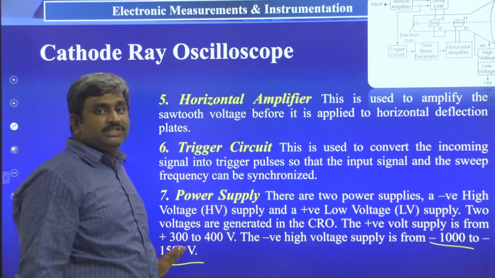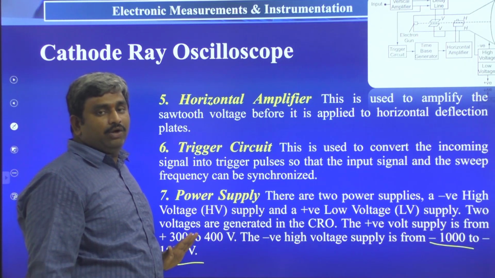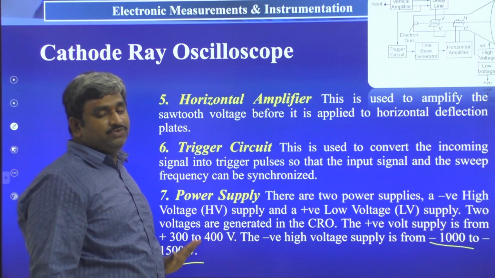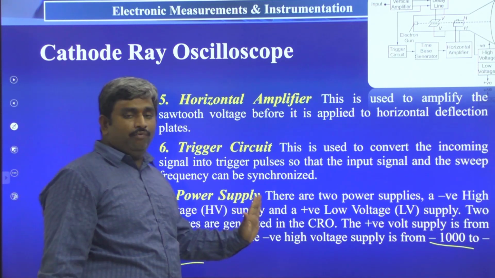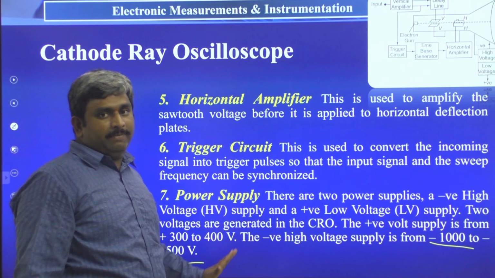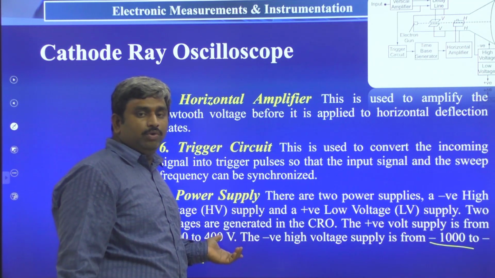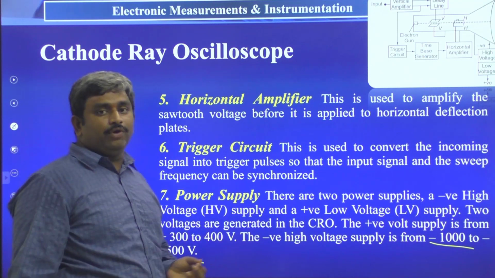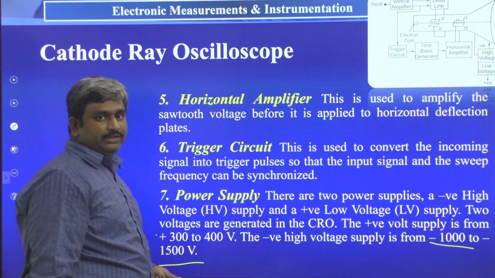So the negative supply is nearly 1 kV, minus 1 kV to minus 1.5 kV. Compared to the negative supply, the positive voltages are very low. Otherwise, the positive voltage is also nearly 300 to 400 volts. It's not a simple one. It is also a very high amount of voltage.